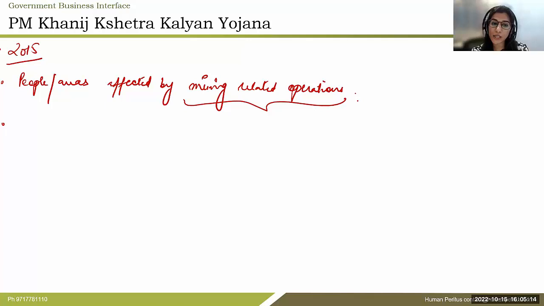Why are these getting into the scene? Because they are affecting the mining-related operations being done there, and they're affecting the people and the areas. So this Yojana was specifically to address the issues of these people and areas.